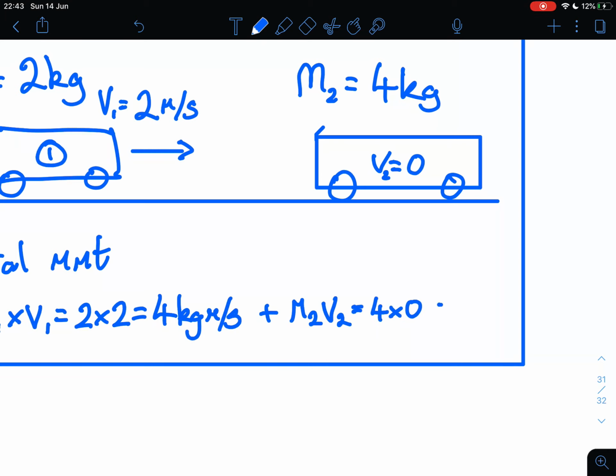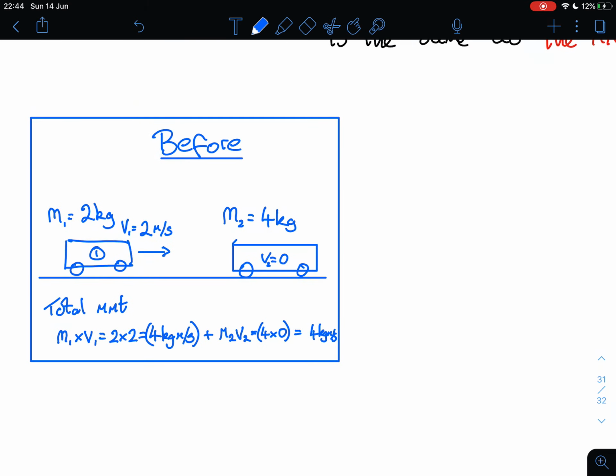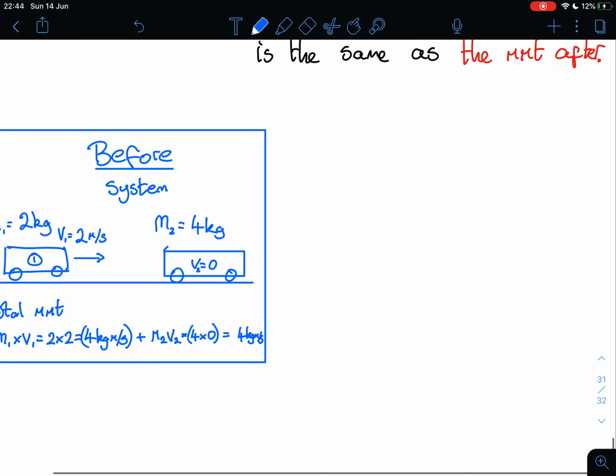Okay, so total momentum is 4, add 0, which is 4 kilograms meters per second. With me so far? So that is the momentum of the system.